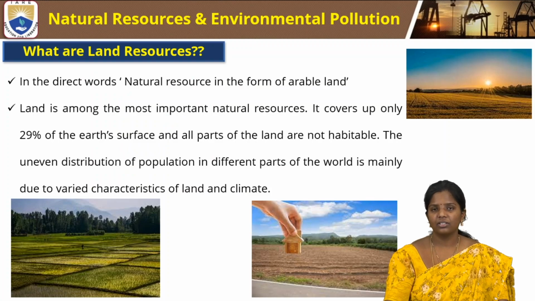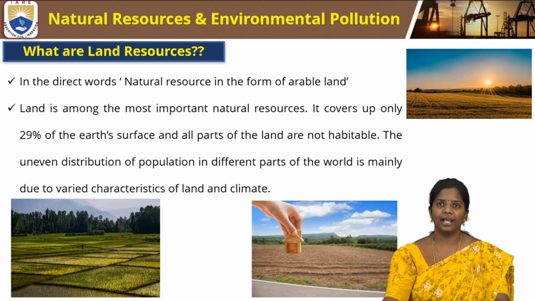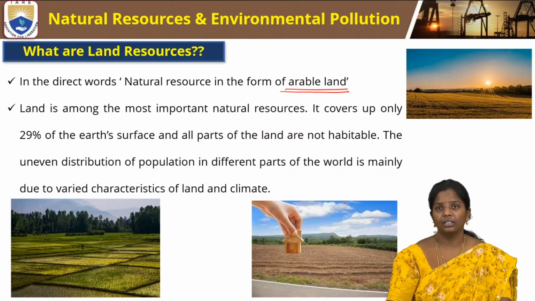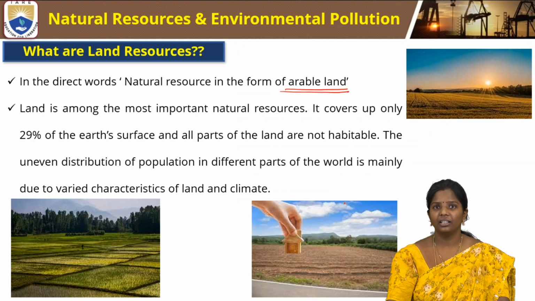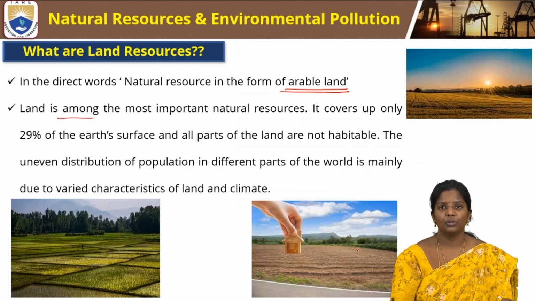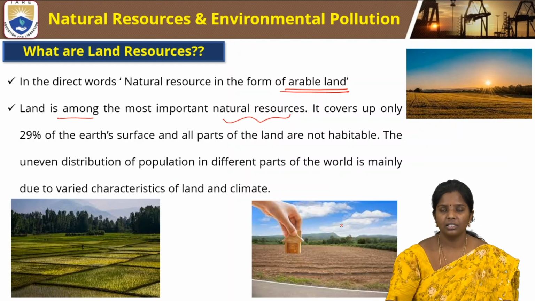So what are land resources actually? In direct words, land resources is nothing but the available land or arable land for mankind. So whatever land is available on the Earth for mankind is nothing but the natural resource we call a land resource. Land is among the most important natural resources already present in nature.